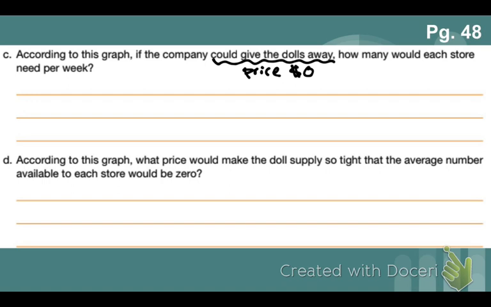Are we looking at our supply line or our demand one? Demand. Why demand? Because I know they're giving the dolls away, so how much like the people want. Yeah, exactly. So if they're giving the dolls away, how many dolls do people want? So we're going to look at demand.